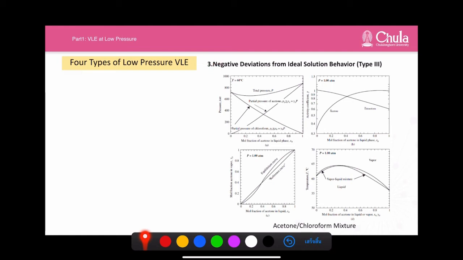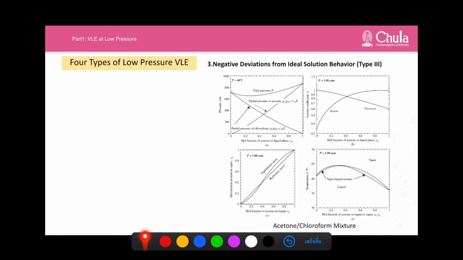The next one, the third one. The third one we call negative deviation from ideal solution behavior, or type 3. For type 3, the keyword is negative deviation, right? If we look at the activity coefficient, we see that for pure component, of course, the activity coefficient becomes 1, right?